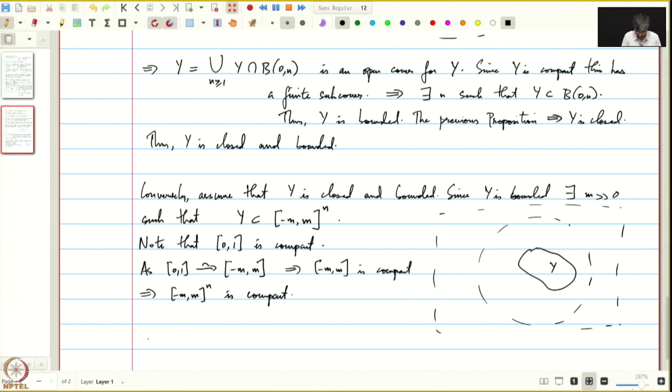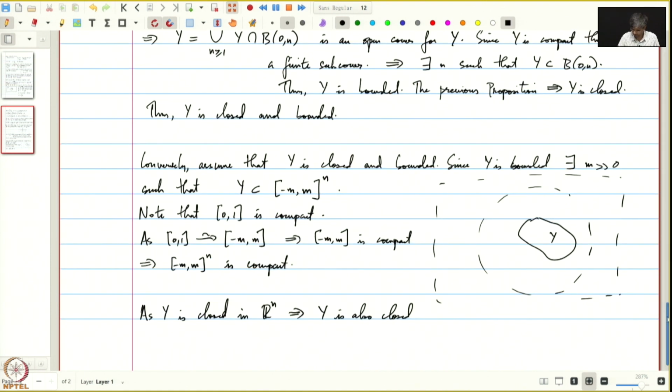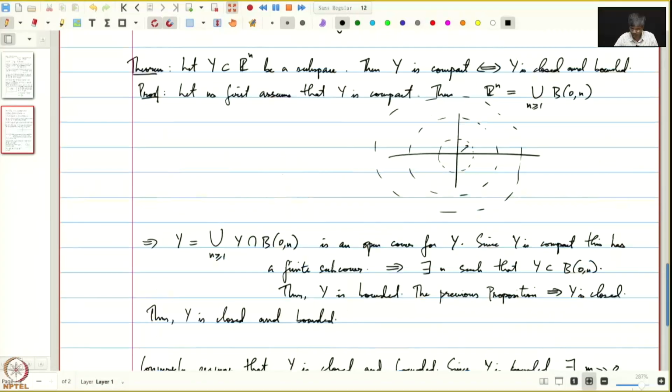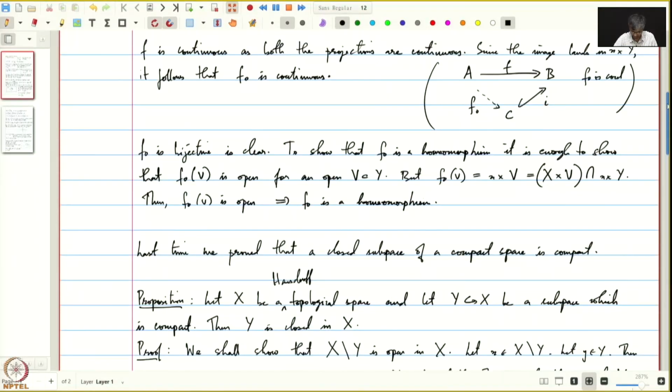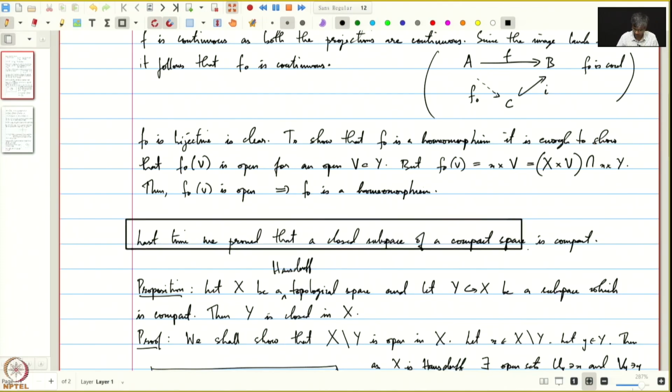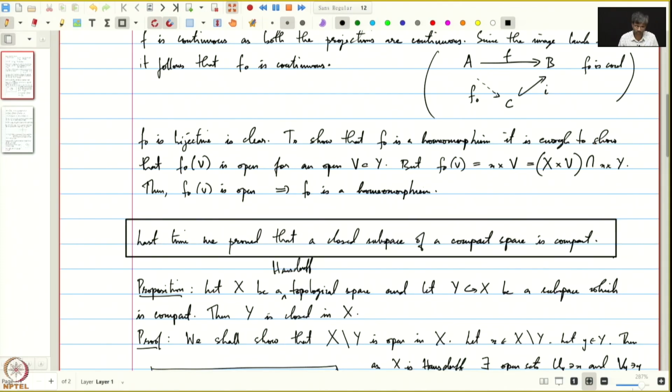Right. So as y is closed in R^n, this implies y is also closed in this subset. And by what we proved in the previous lecture, a closed subspace of a compact space is compact.